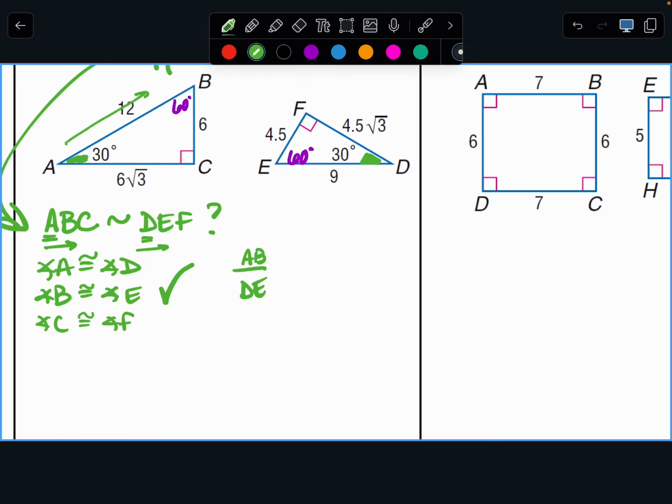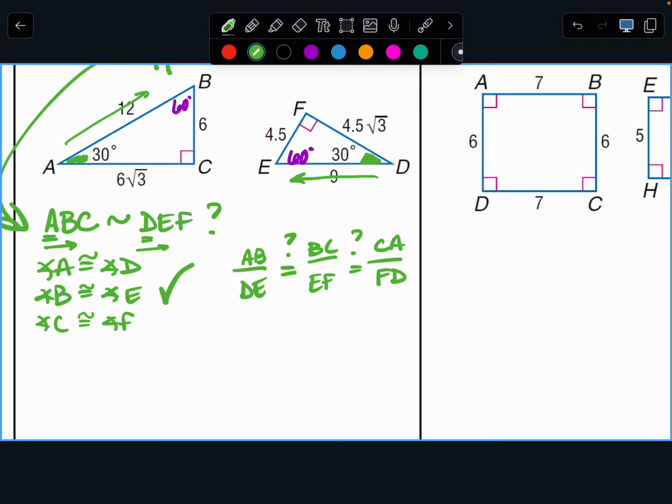AB, so we went from 30 to 60. So from 30 to 60 over here is DE. We want to keep the same order. That has to be, but I don't know yet if it is, equal to BC compared to EF and CA compared to FD.